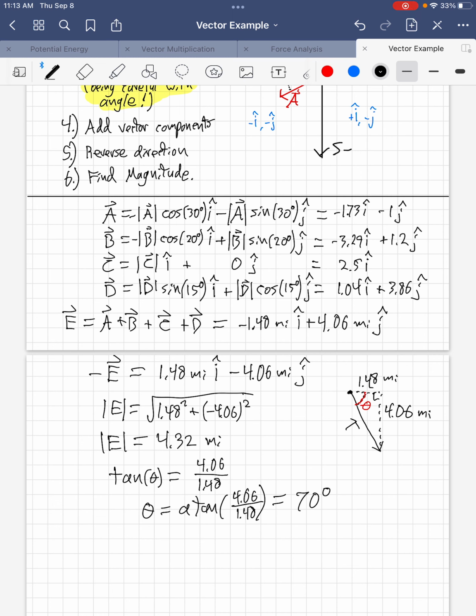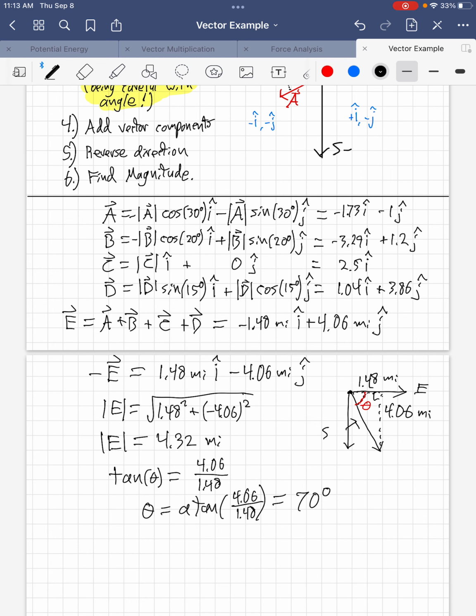We're going 1.4 miles east and then 4.06 miles south. This is moving in the south direction, and that's moving in the east direction. So this angle is 70 degrees south of east.